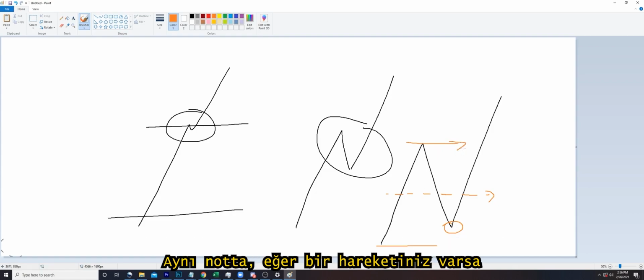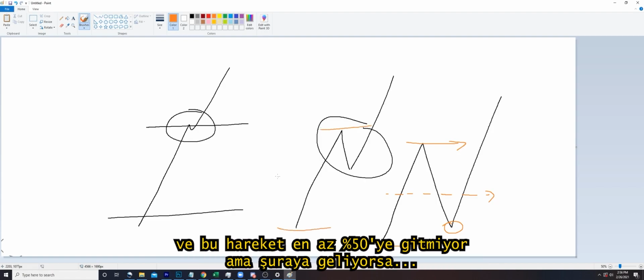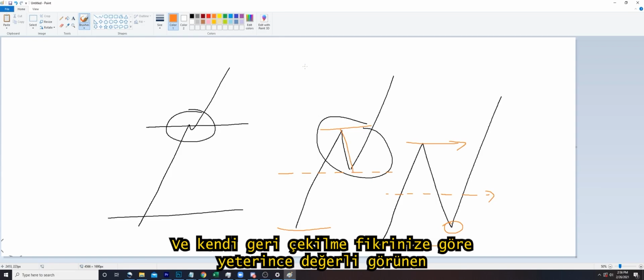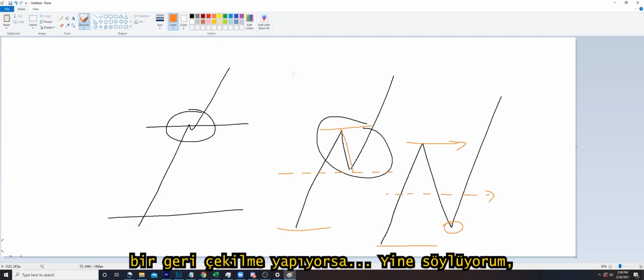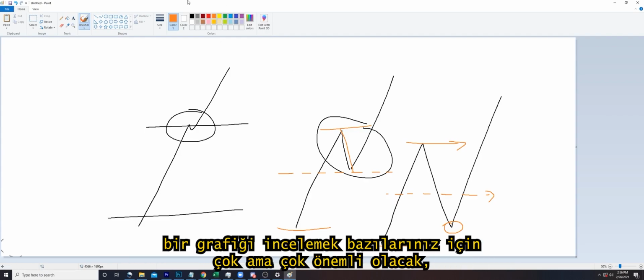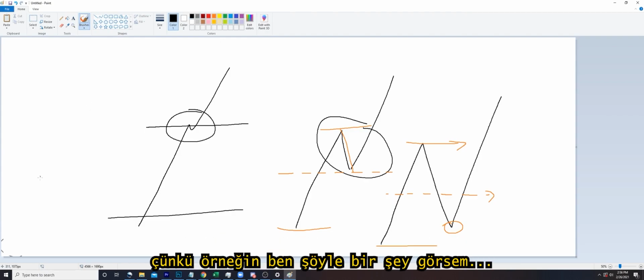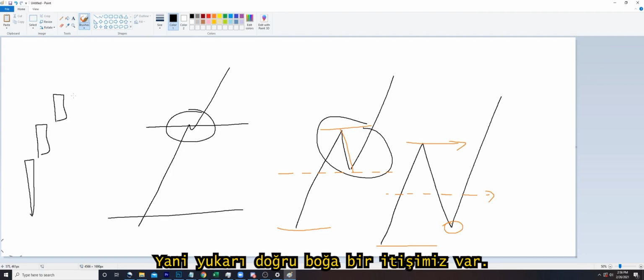Okay. Now, on that same note, if you have a move and that move does not go to at least 50%, but comes in, right, and it makes a retracement that looks worthy enough of your own idea of what a retracement is. So again, this is where studying a chart is going to be very, very important to some of you, because for instance, if I saw something of this sort, so we have a bullish push up, right?